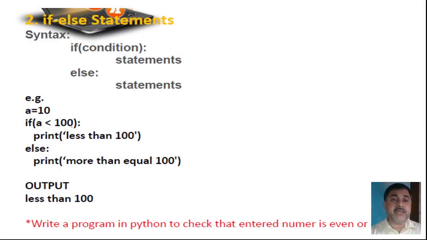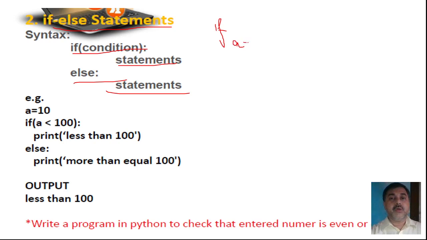So let's see this particular program, if else. That means we are using the if else statement here. Now if is one condition, then the statement, else then one statement. Suppose I am writing here if a equals 20.